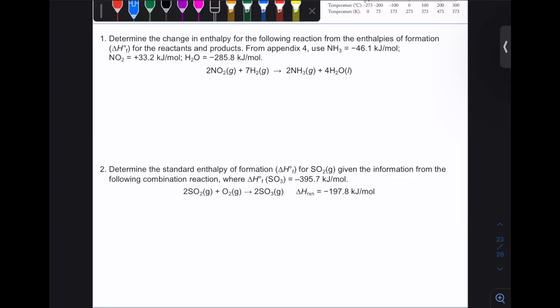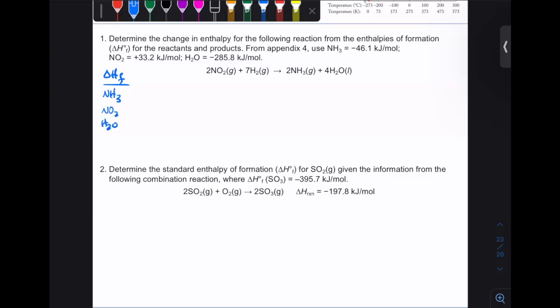Anyone have an idea? Yeah, go ahead. So write down everything that's given to you on the slide, right? That sometimes helps. Let's do that. So this is all delta H of formation information, and we've got NH3, NO2, and H2O.